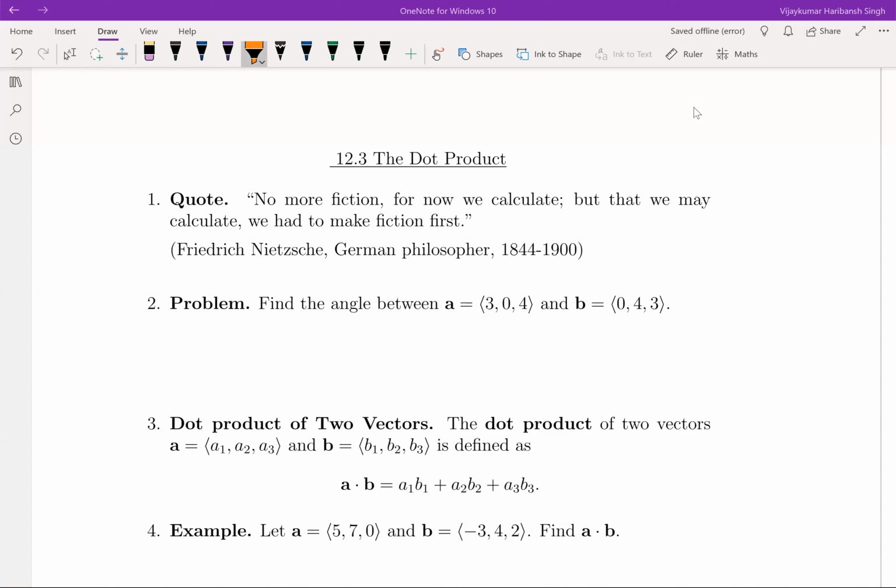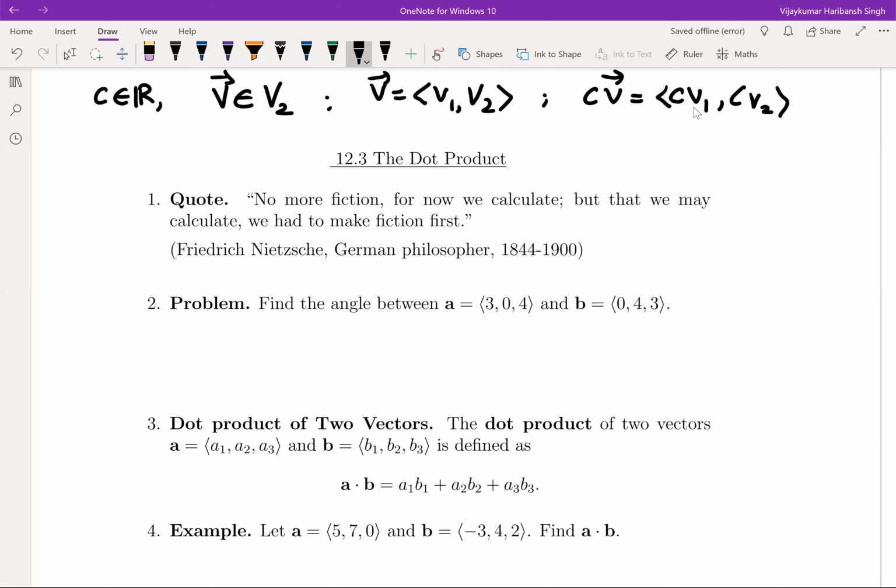If we take a scalar c to be an element of R, and let v be a vector, say a 2 by 2 vector, where v can be written as v1, v2, then we have learned how to multiply a vector by a scalar. That would be essentially cv1, cv2.